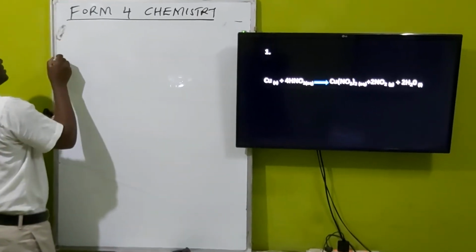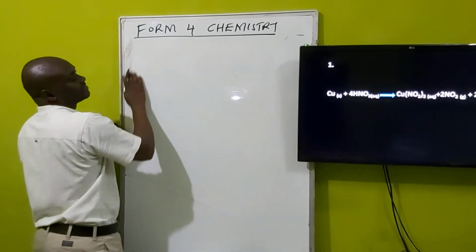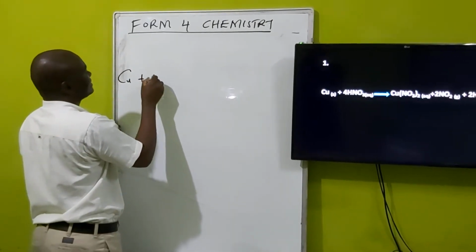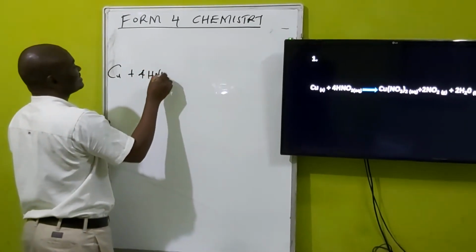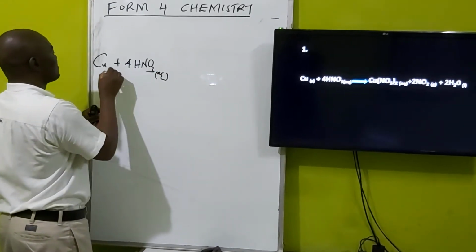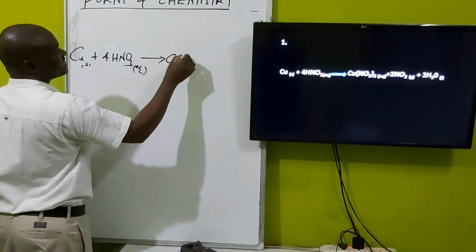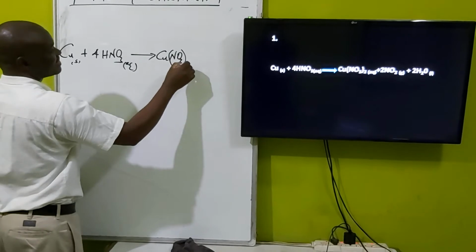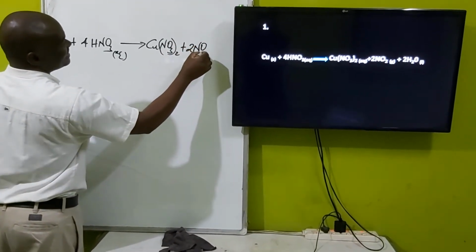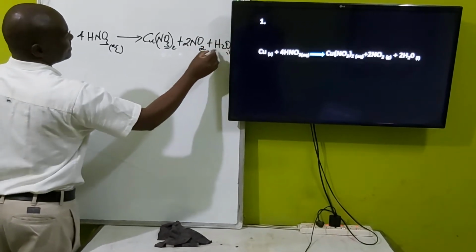Our first equation is where we are given copper plus nitric 5 acid, which is aqueous, copper is solid, to give copper 2 nitrate plus nitrogen 4 oxide plus water.